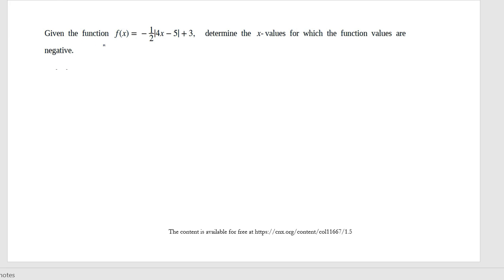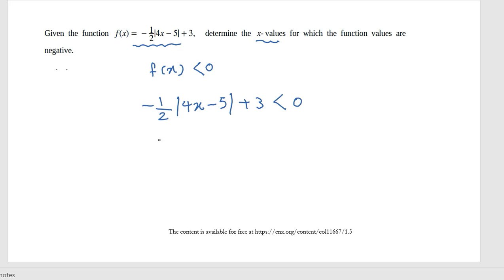Another one, given function f of x, determine x values in which function values are negative. What should be put in x? f of x is less than 0. So negative 1 over 2 times absolute value of 4x minus 5 plus 3 is less than 0. So negative 1 over 2 absolute value of 4x minus 5 is less than negative 3.